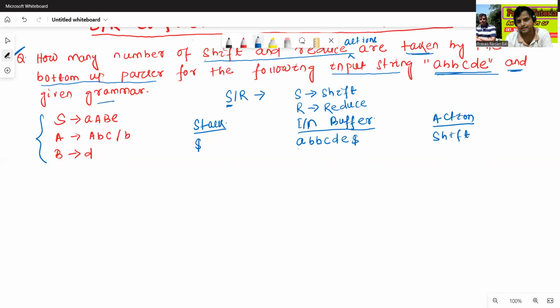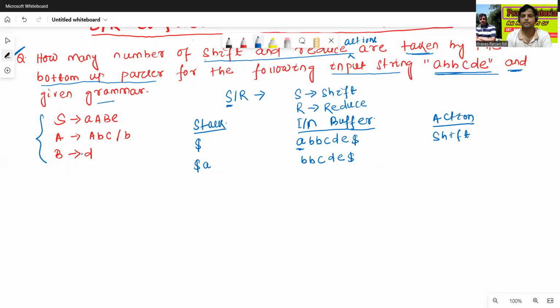So now we'll shift the first element of the input buffer. The stack is dollar A, and the input buffer is B, B, C, D, E, dollar. Now we'll check: is any handle possible?